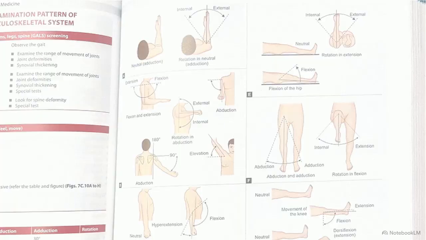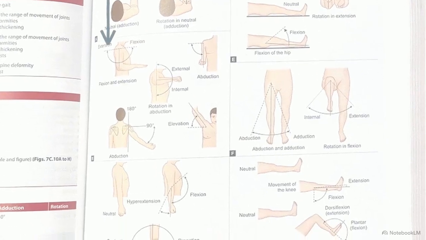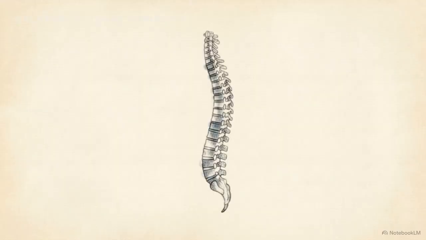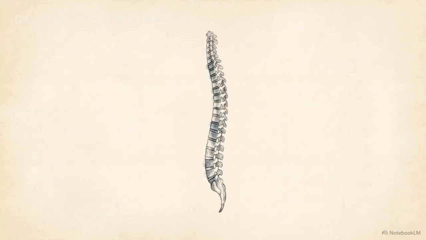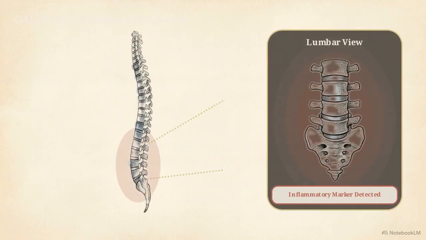These diagrams demonstrate the precise range of movement required for the arms and legs components. The clinician forces the limbs through these exact arcs, checking for gross symmetrical movement restrictions and visually scanning for muscle wasting. For the spine, the examination focuses on axial rotation and structural alignment. This detects silent inflammatory involvement in the back before it causes irreversible fusion.